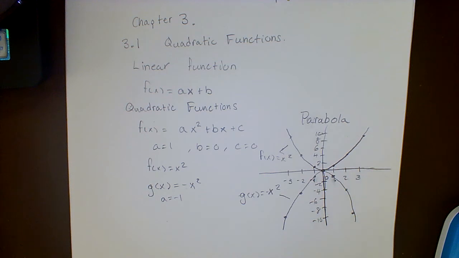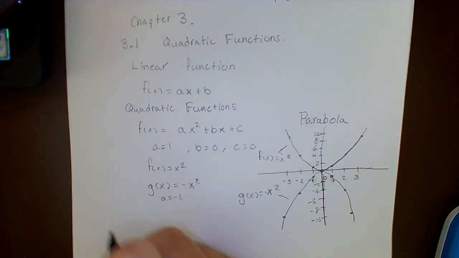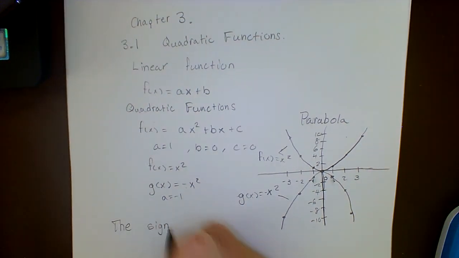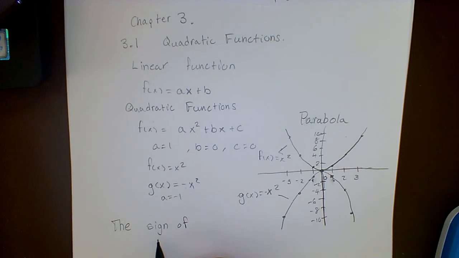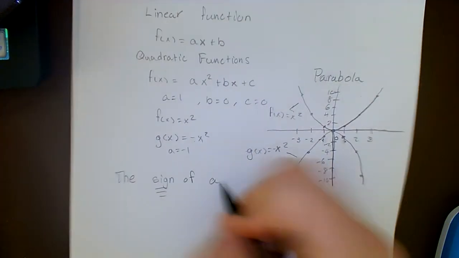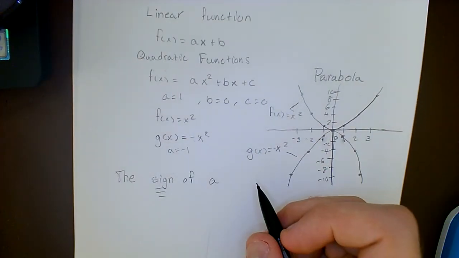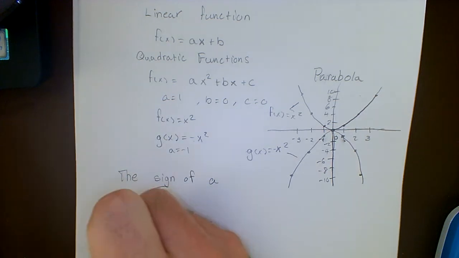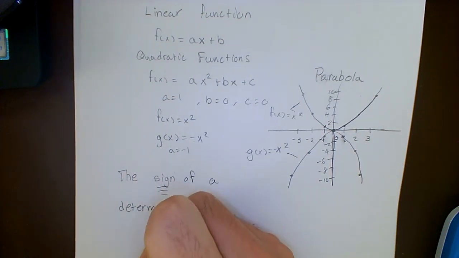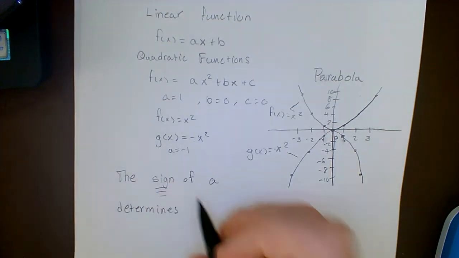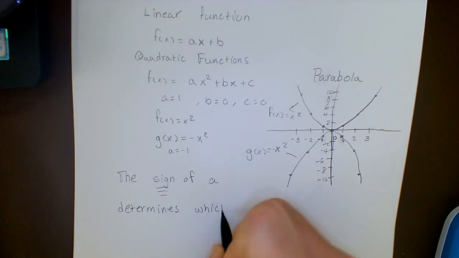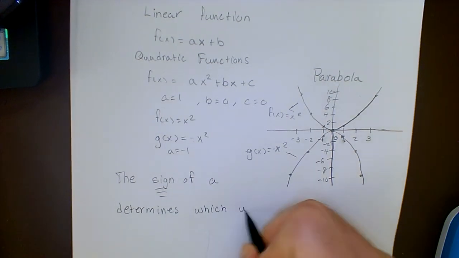So that's actually a trend. The sign of a, sign meaning positive or negative, determines which way the parabola faces, or opens.